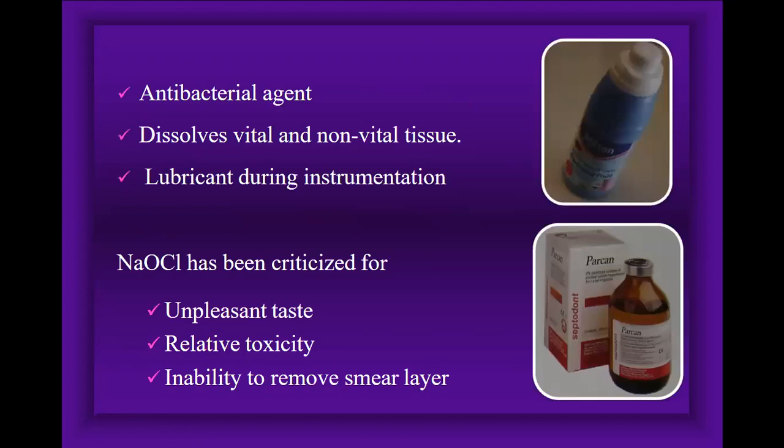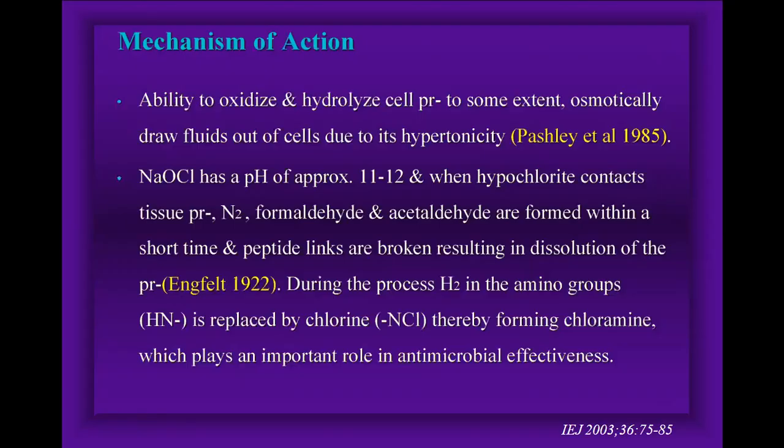It is an antibacterial agent. It dissolves the vital and non-vital tissue. It lubricates. It helps in lubrication during instrumentation. Sodium hypochlorite has been criticized for unpleasant taste, relative toxicity, and inability to remove the smear layer.